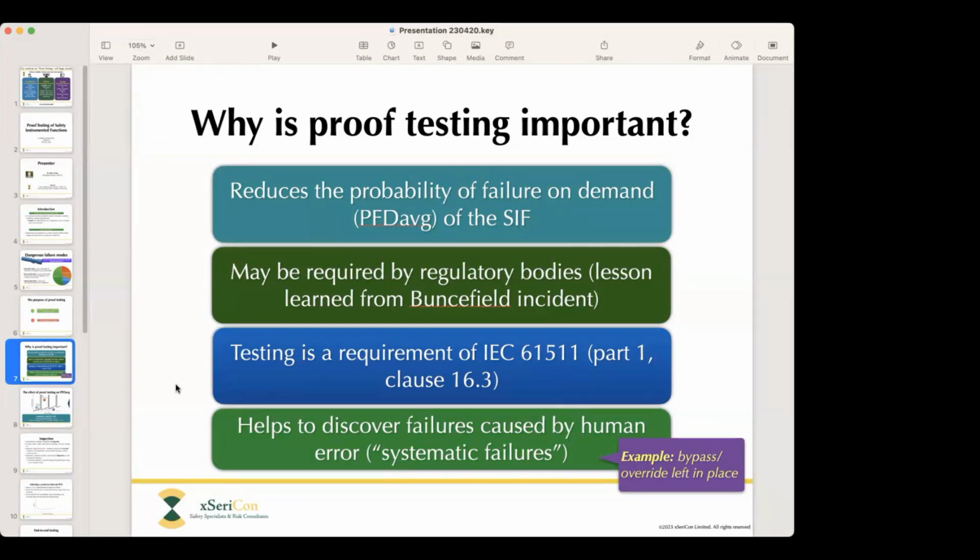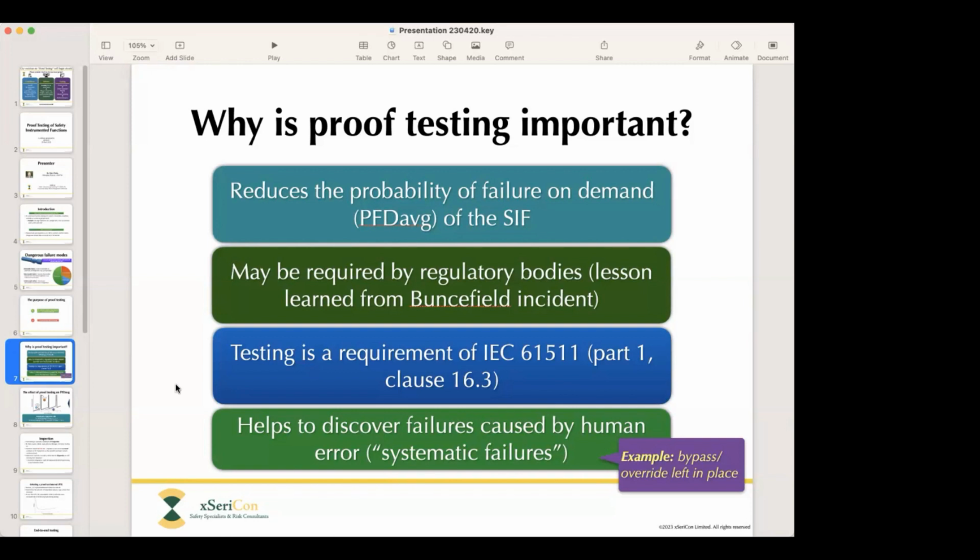And the subsequent investigation found that it was virtually impossible to proof test those safety functions because the high-level sensor was located in such a position that it wasn't actually accessible for proof testing, and it was configured in such a way that no one could have ever proof tested it. So that was one of the outcomes in the investigators' report from the Buncefield incident, that SIFs should be designed in such a way as to make it possible to proof test them.